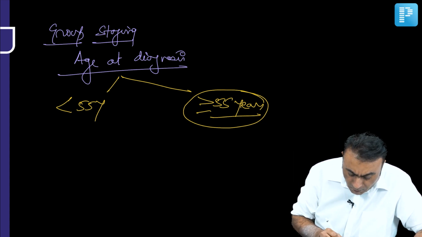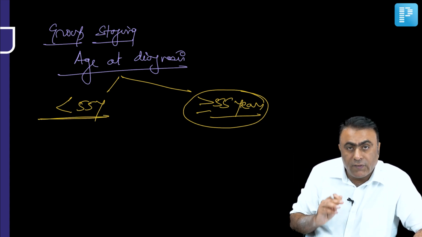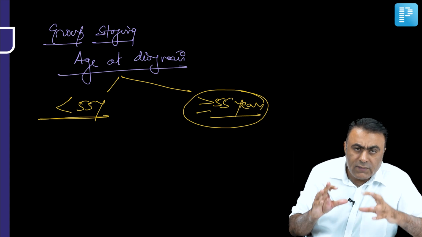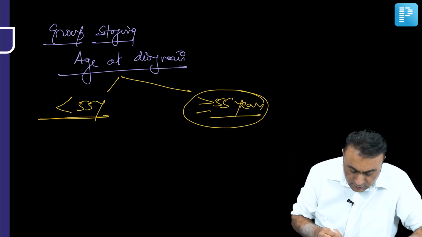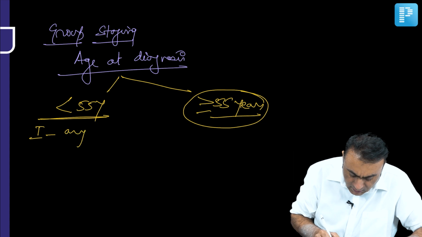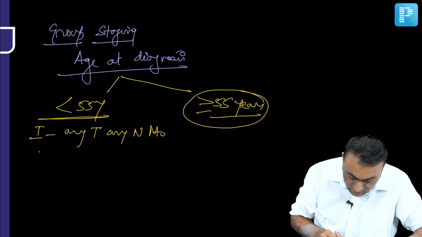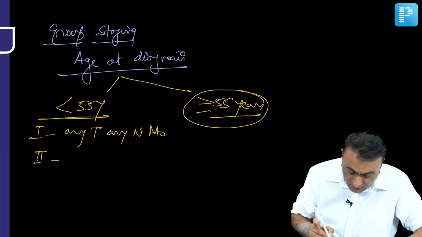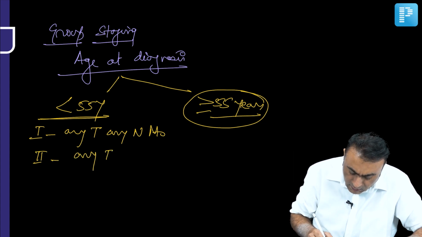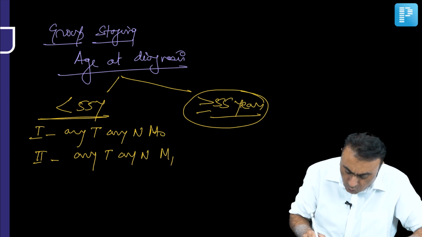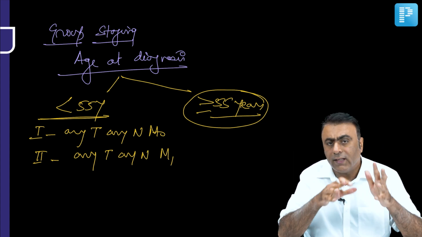Okay. So if I talk about the first, the patients with the age of less than 55 years, in these we just have two group stages. Stage 1 is any T, any N and M is 0. And stage 2 for these patients less than 55 years of age is any T, any N and M is 1. So just two group stages, stage 1 and stage 2.